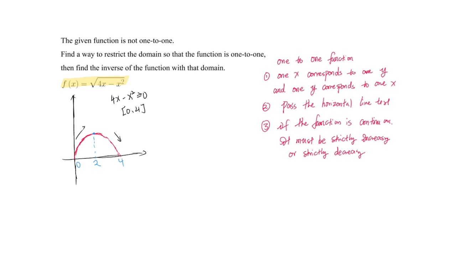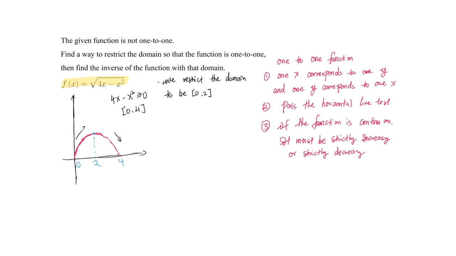The way we restrict the domain so that the function is one-to-one is we can set it to be strictly increasing. So we restrict the domain to be 0 to 2, let's say.